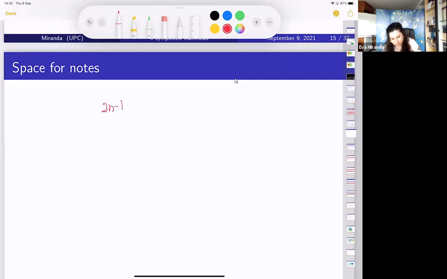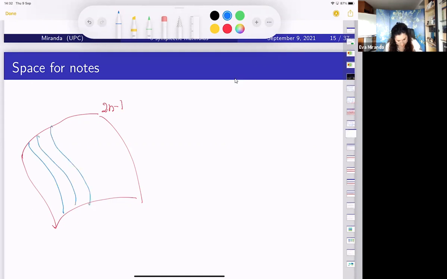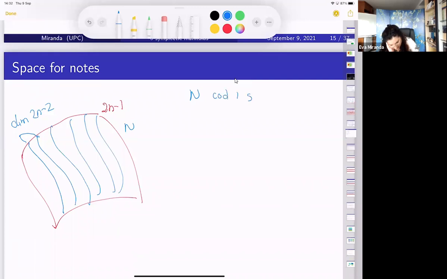I'm going to assume that it has a symplectic foliation. The symplectic leaves are going to be blue, and they have dimension 2n minus 2. So I assume that I have a manifold, this is M, and it has a codimension 1 symplectic foliation.